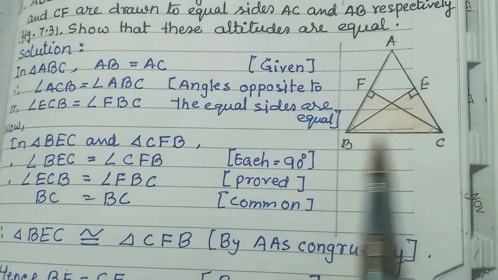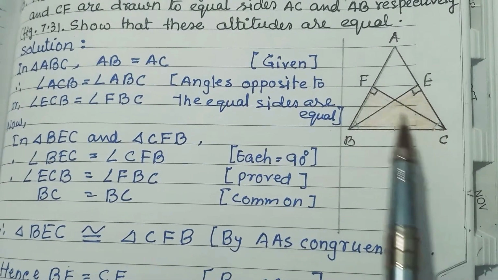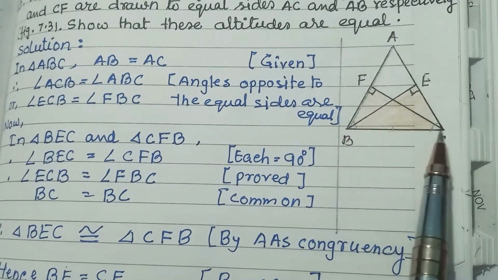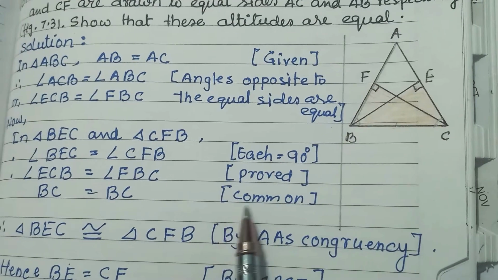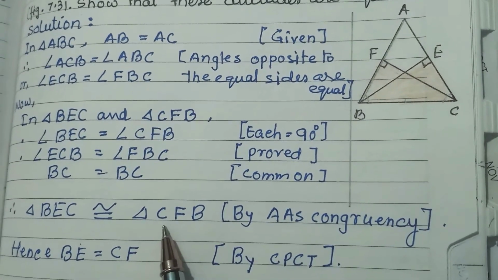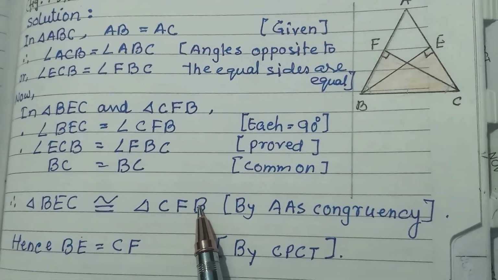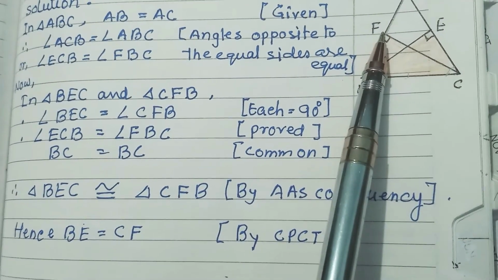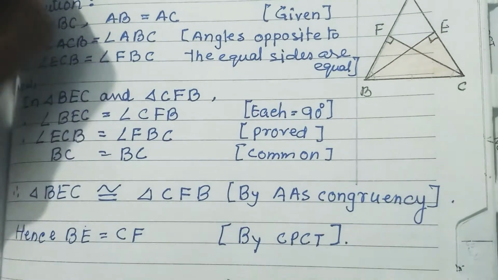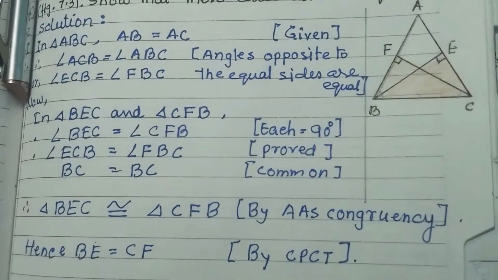BC is the common side. Therefore, by the angle, angle, side congruency rule, these two triangles are congruent. Therefore, by CPCT, BE is equal to CF. Proved. It is the last question. Thank you very much.